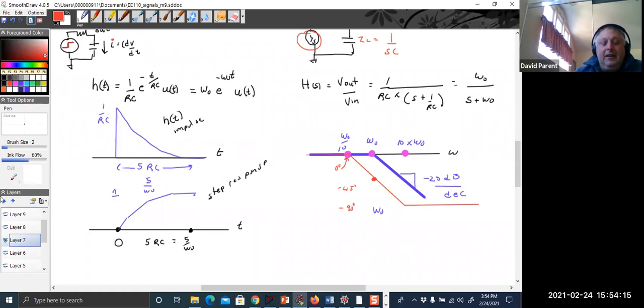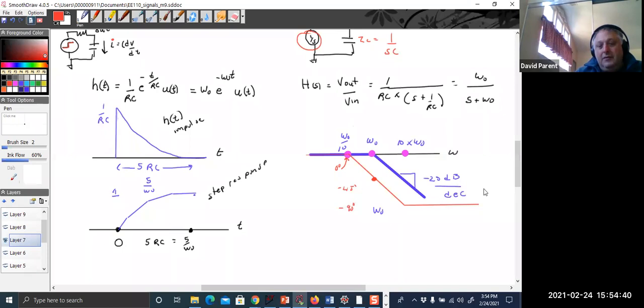Now, this is the plot of the impulse response. The peak is 1 over RC, and it takes 5 RCs to decay to 0, or 5 divided by omega naught. So the bigger omega naught, the higher this gets, and the thinner the base gets.